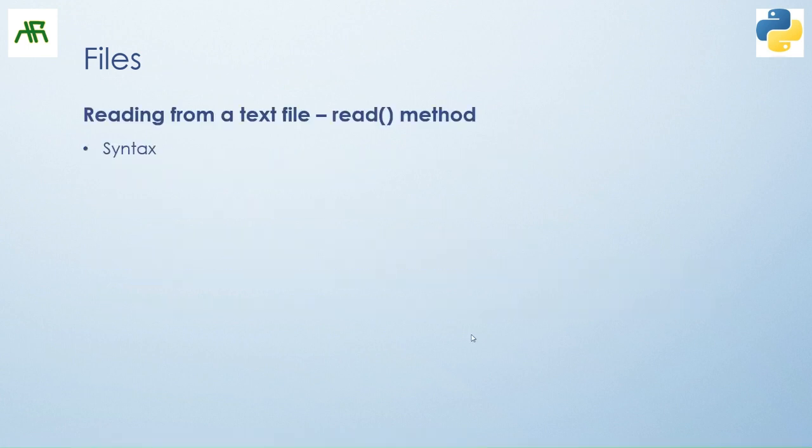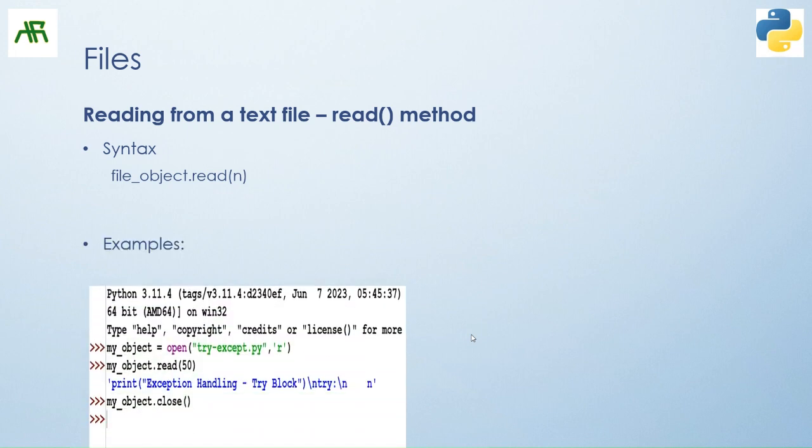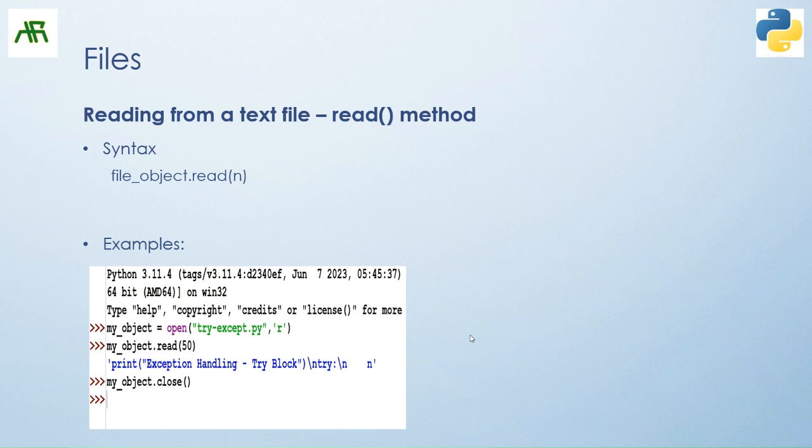Let's see the syntax and some examples. Syntax for read: file object dot read of n. Here I have a file tryexcept.py that is already created and saved. So I'm opening it in the read mode, assigning that to my object as the file object. In this, I'm going to read 50 characters.